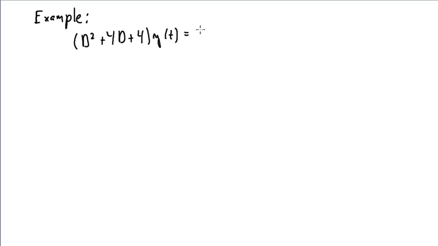Looking at that same problem again, we could find the zero state response now using convolution. So from our original differential equation, which was this, we can write down almost directly from the differential equation what H(s) is.